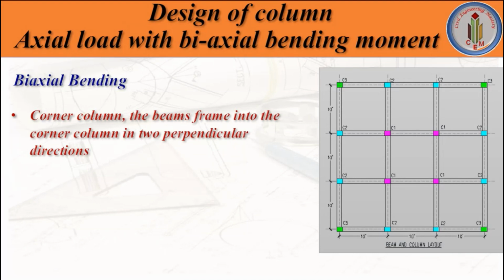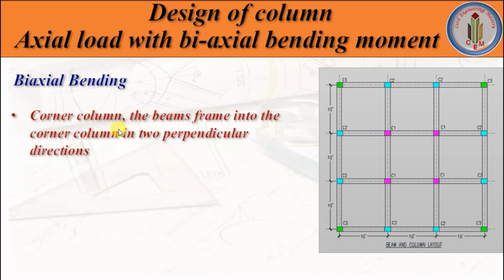But basically we get column layouts that are irregular, right? So the columns will not be the same, that means the spans will not be the same in the whole column layout. So let's see where we need to design for biaxial bending moment.